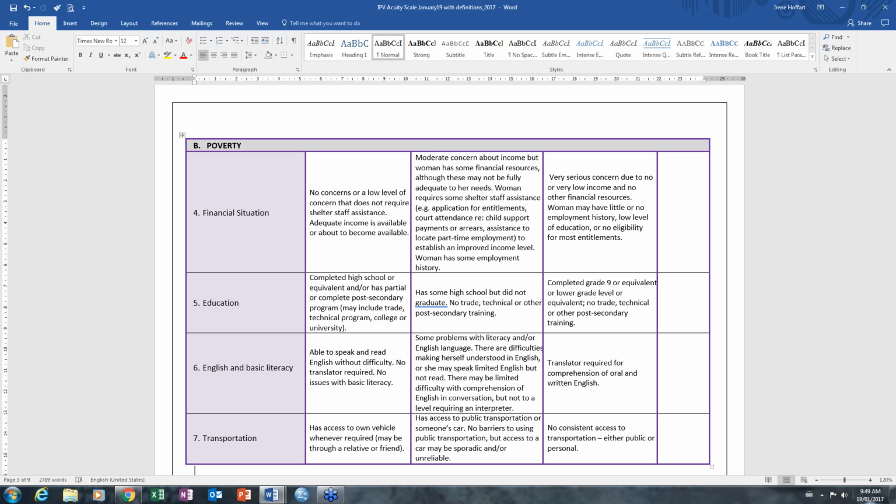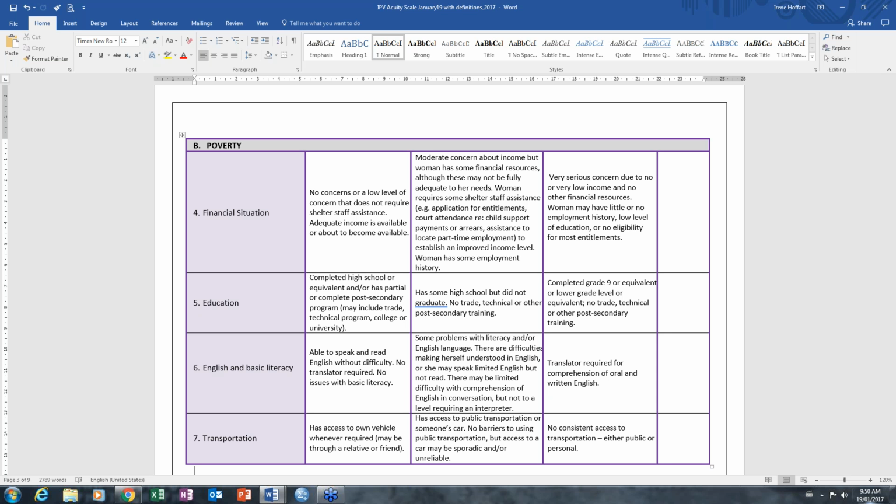So a score of 0 is able to speak and read English without difficulty, no translator required, no issue with basic literacy. A score of 3 is you have some problems in either one of those. So newcomers might have difficulties making themselves understood, or speak limited English but not read it.